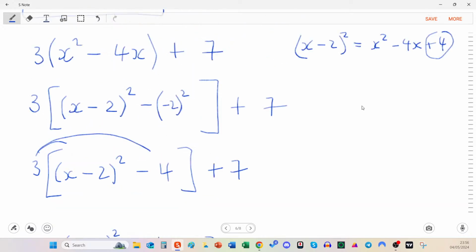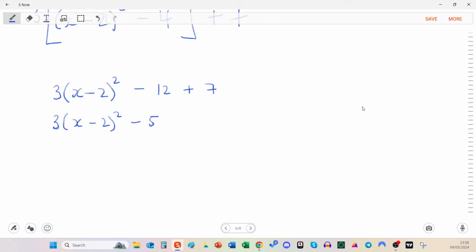Now the original was a positive quadratic, so it's smiling like this. So to find the minimum point, what do you think it is? Is this 3 going to change things? So you look inside the bracket and we see that it's like an opposite we want. It's going to be a minimum. So it's the opposite.